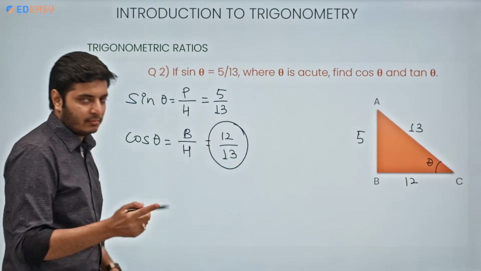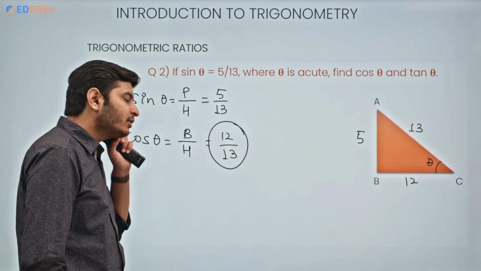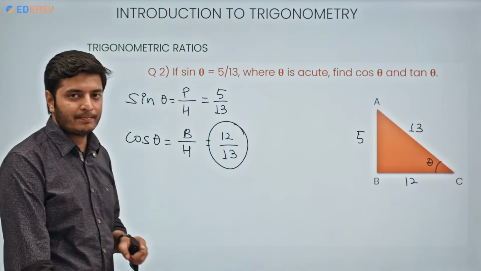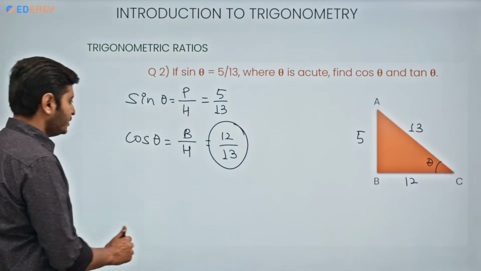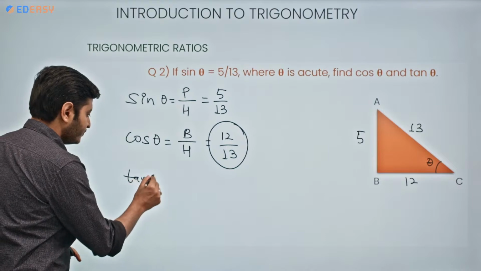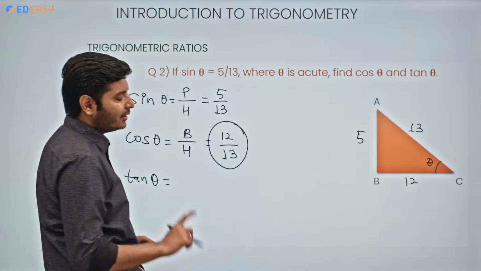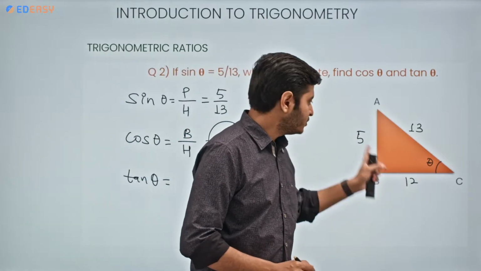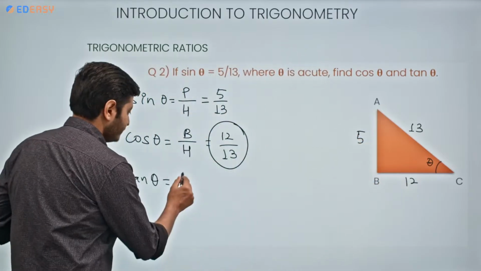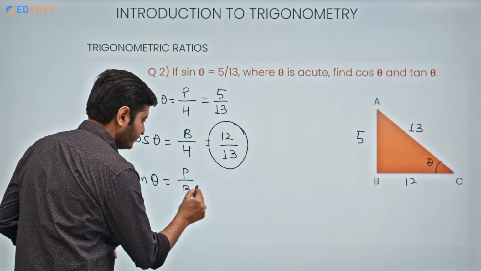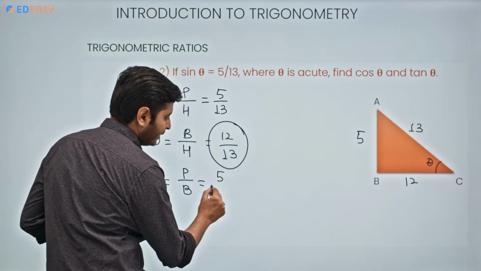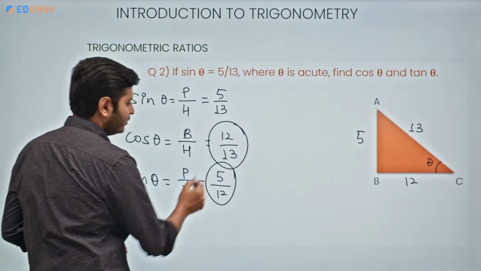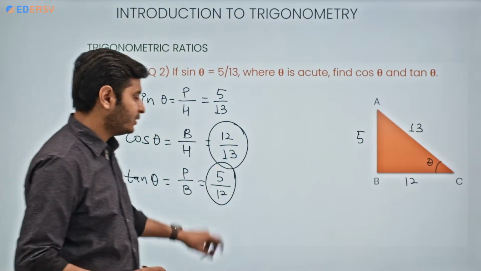They are co-primes, it means they have no common factor. So this is the final answer. What about tan theta? Tan theta is what? Perpendicular by base. So perpendicular here is 5 and base 12. Again co-primes, this is the final answer.